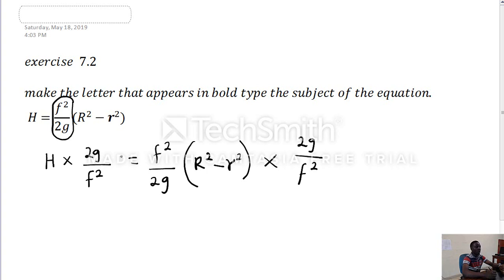Now you can either multiply both sides by the reciprocal of f squared over 2g, or you say divide both sides by f squared over 2g.